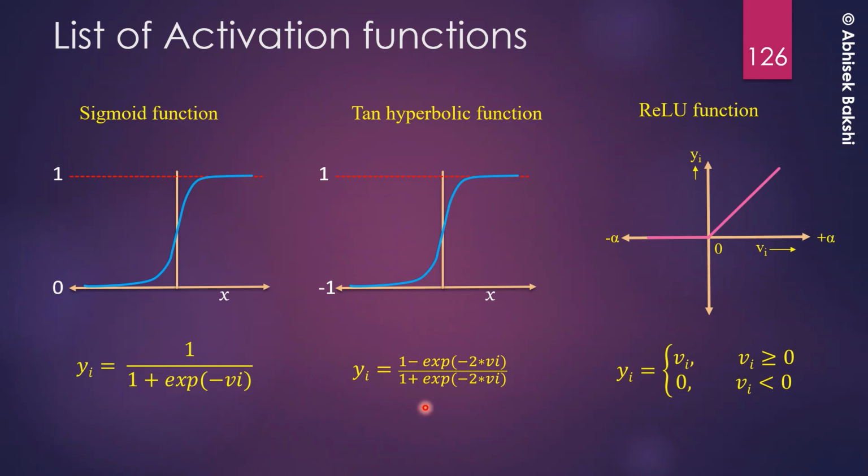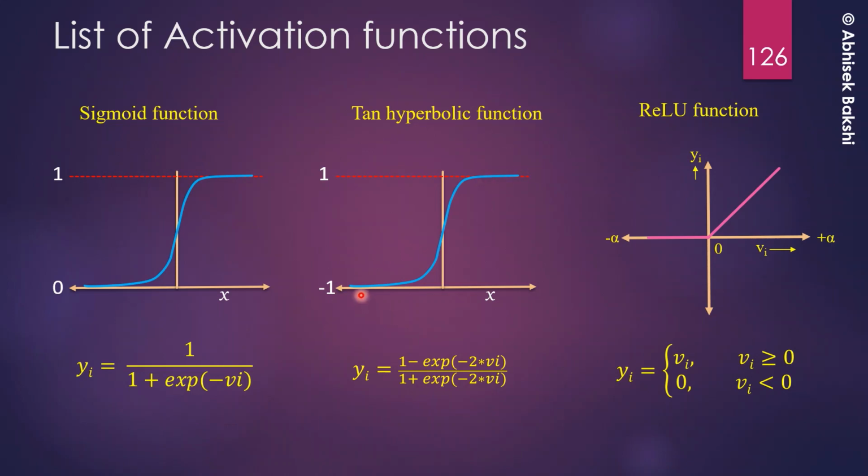What is it saying? 1 minus e to the power -2 into input, where Vi is the input. Vi means ith, so the i should be in subscript. Anyhow, it's a mistake. So -2 into input divided by 1 plus e to the power, again -2 into input. So we have only the difference between plus and minus here. And because of that, you will see that the tan hyperbolic function looks something like this.